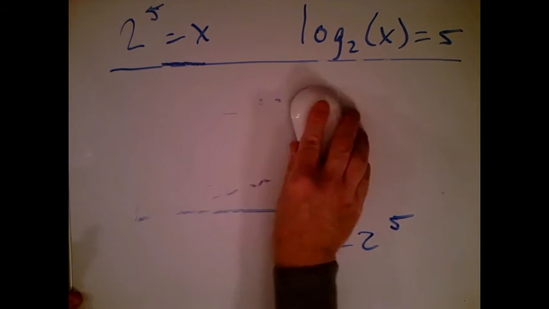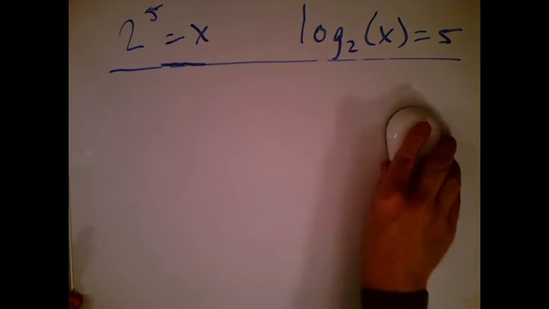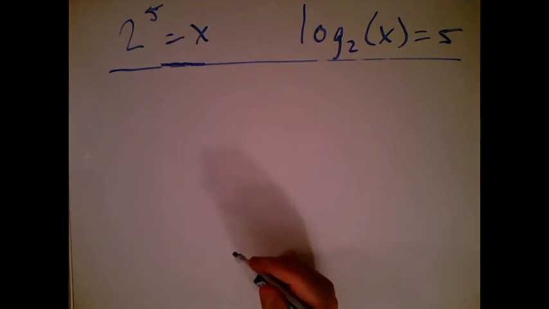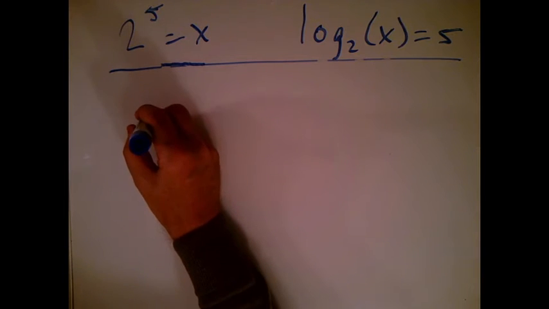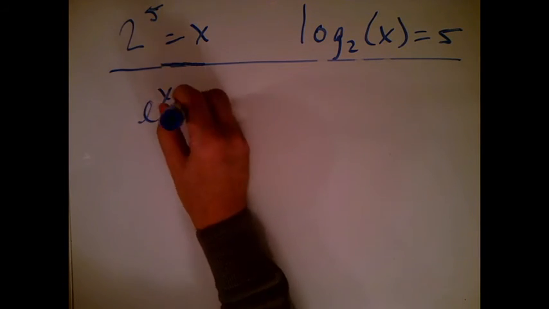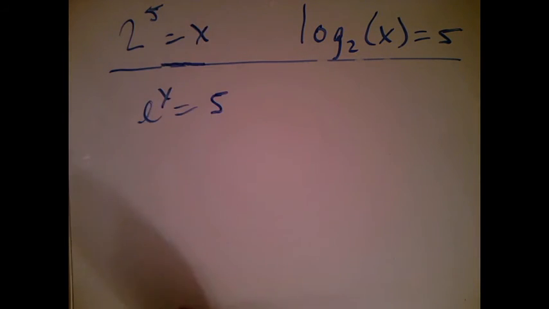Now, that probably is enough of an example, but what I want to do is a couple involving e. It can't hurt. So for example, if I say something like e to the x equals 5, and I want the logarithmic version, what I'm going to do is take log base e of both sides. But remember, log base e is ln.